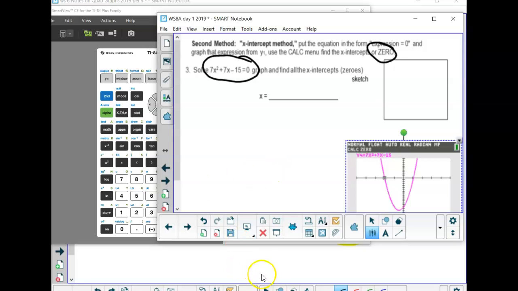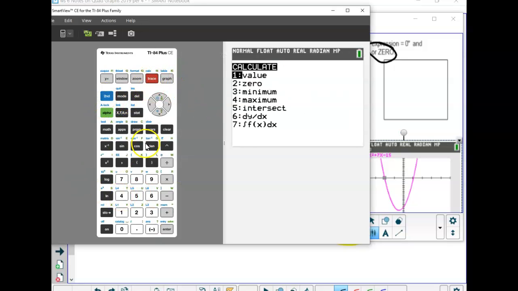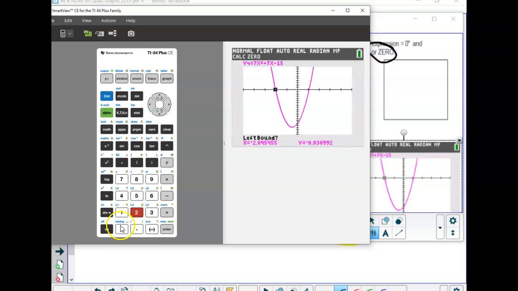All right, there's one more zero. So what do you want me to type this time? Second trace, somewhere between what and what? So I'm trying to find the zero. To the left of that is 0, and to the right, 2 seems pretty good.